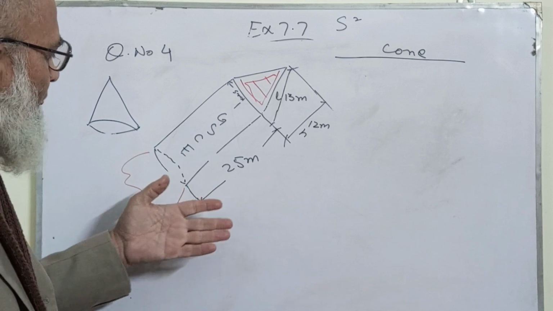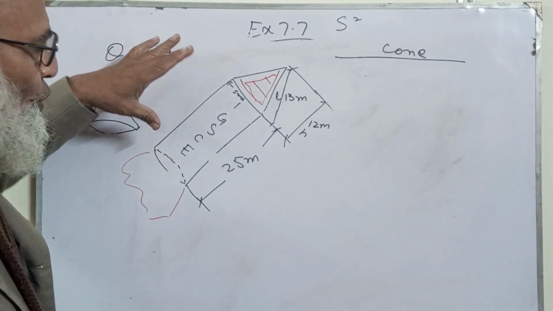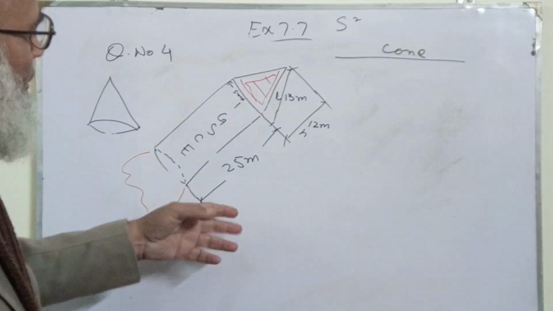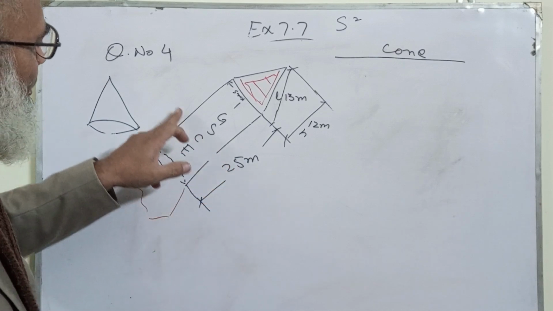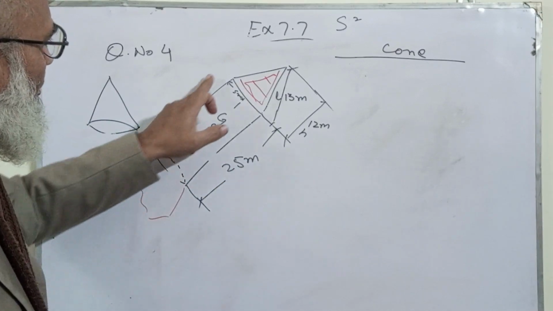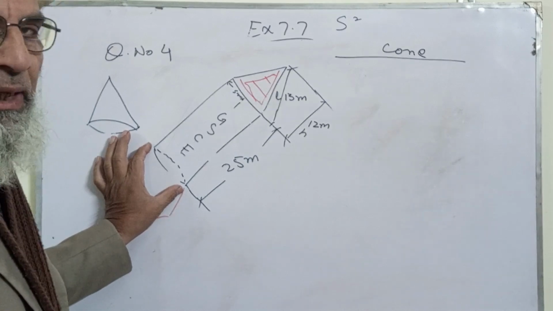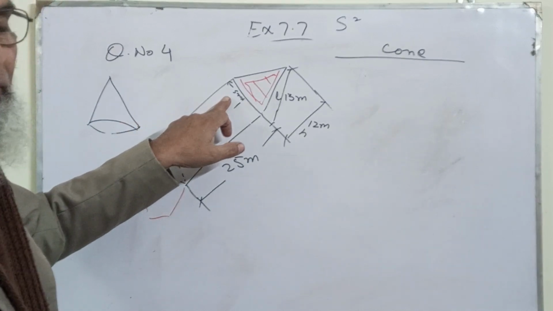This rocket, in fact, consists of two solid figures. 25 meters is the length of this cylinder from here to here, and the diameter of the cylinder is 10 meters, so the radius is 5 meters.